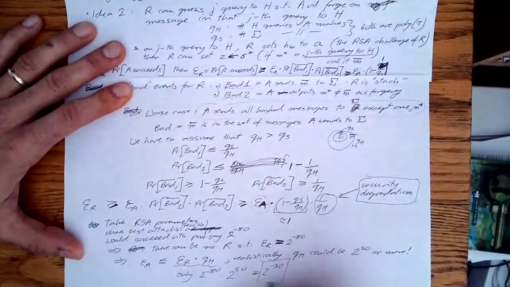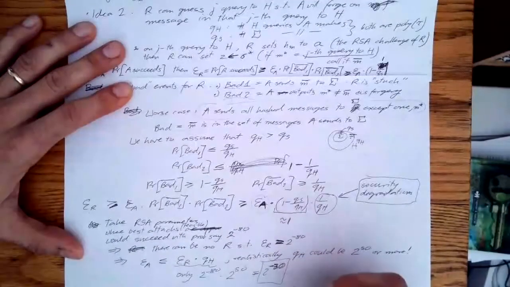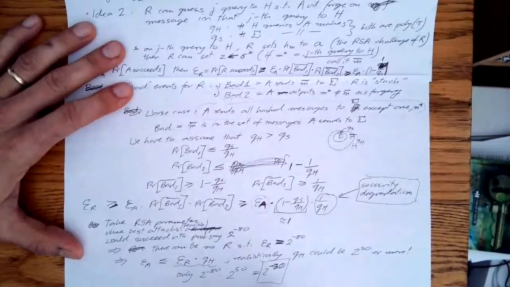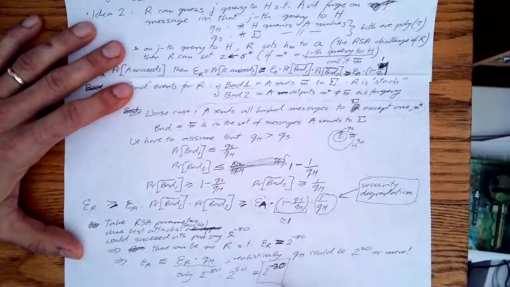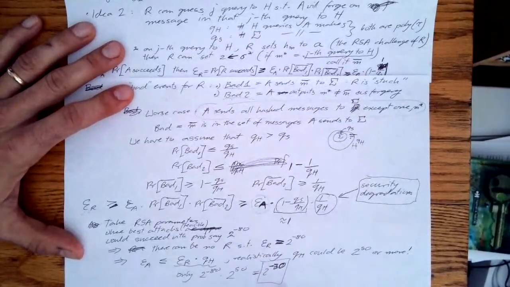Now, this is not a great bound. If there is a billion people using this scheme, then for one of them, the attack will succeed.